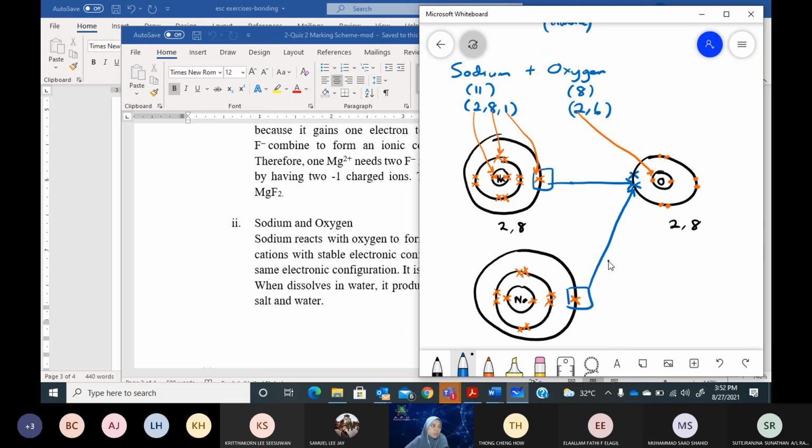So this will be Na+, here also Na+, so later become Na2+. One from here, one from here. This one, oxygen receives 2, so it is 2-.